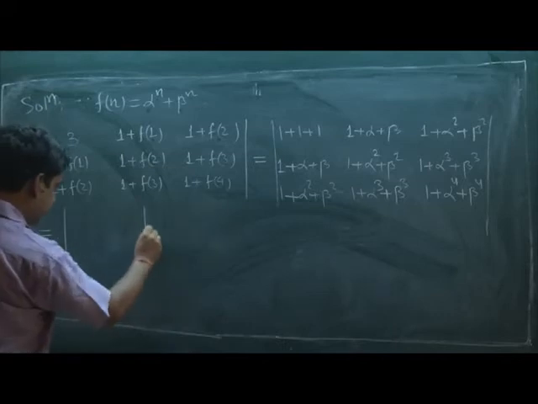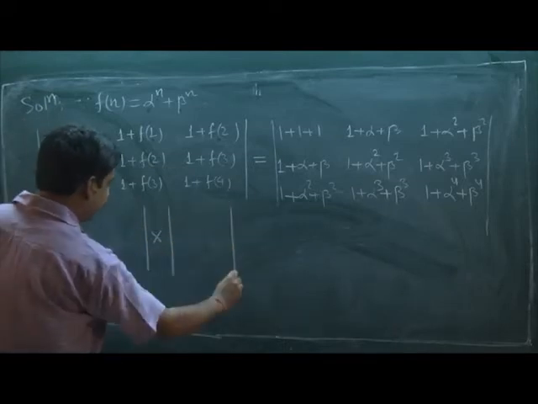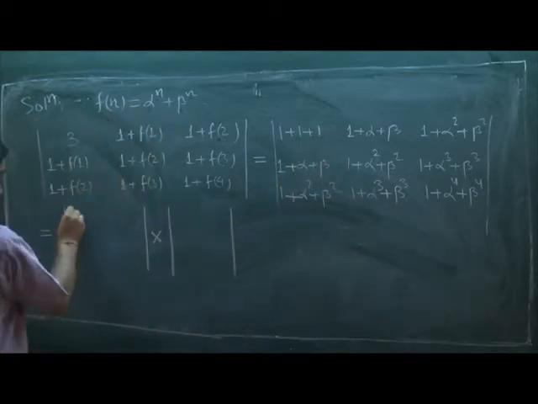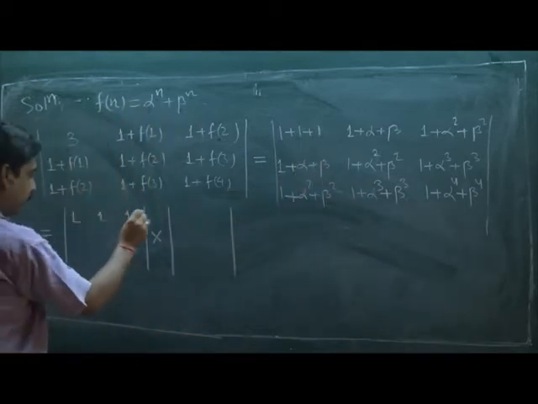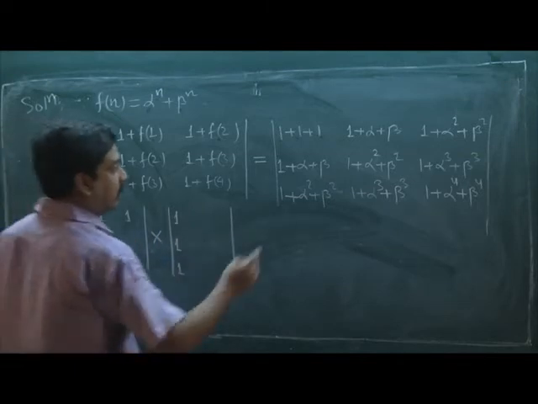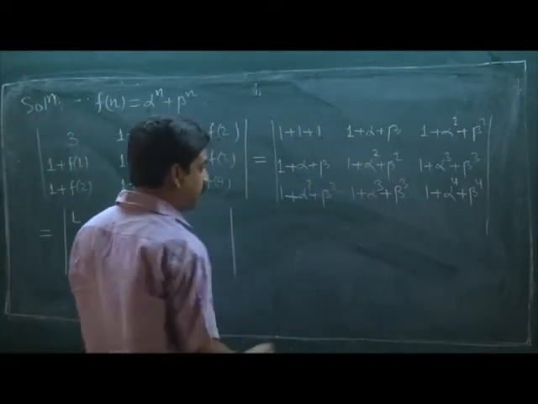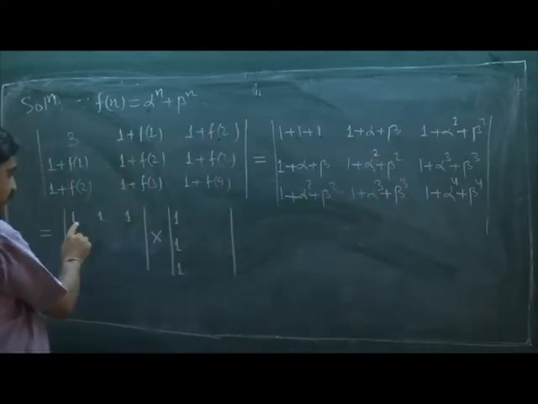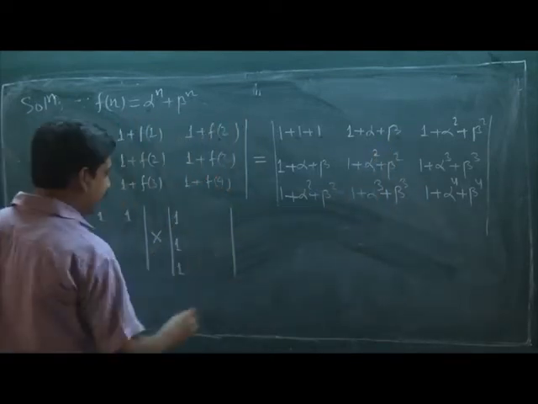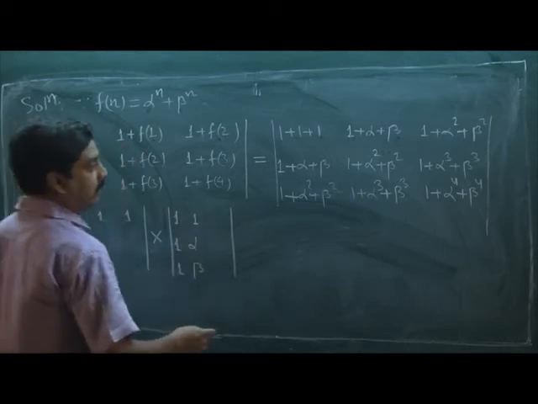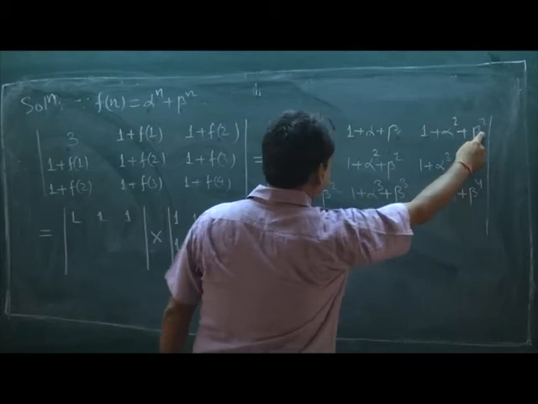This can be expressed as a product of two determinants. See, for this 1 1 1 we write 1 1 1, 1 1 1. For this 1 alpha beta, this is first row and second column. First row is already defined as 1 1 1, so the second column is 1 alpha beta. This is first row, third column.